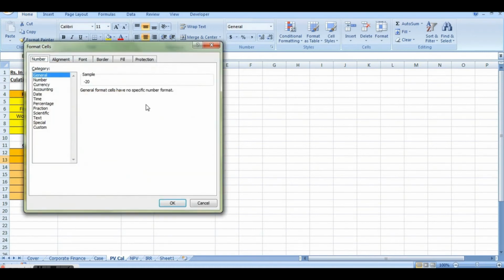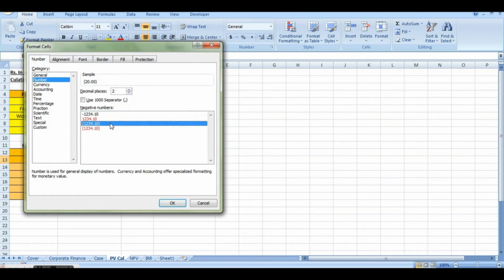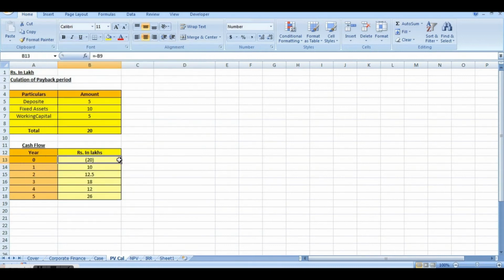So should be represented in terms of negative. We'll change the cell formatting to look appropriate. Now in how much period you will get back this investment, when in the operational period from year 1 you start getting the inflows as 10, 12.5 and so on. So let us see.